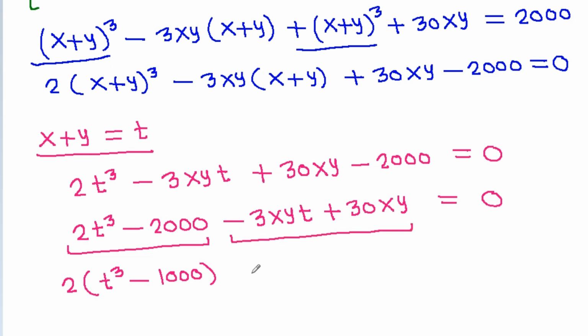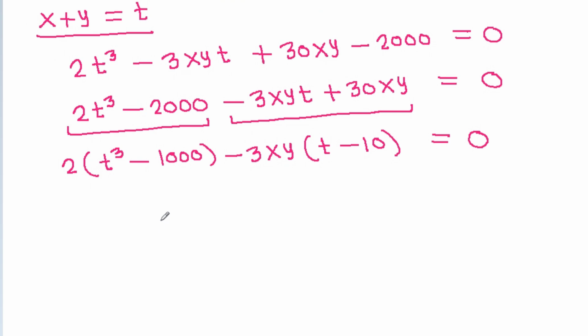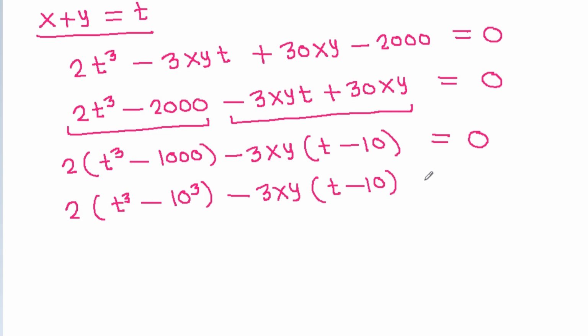And here we can take minus 3xy common, and it will be t minus 10, that is equal to 0. And it is 2 times t cube minus 1000, which is 10 cube, minus 3xy times t minus 10 is equal to 0.